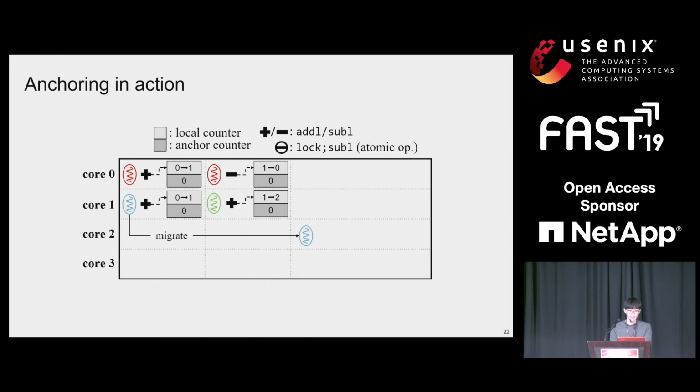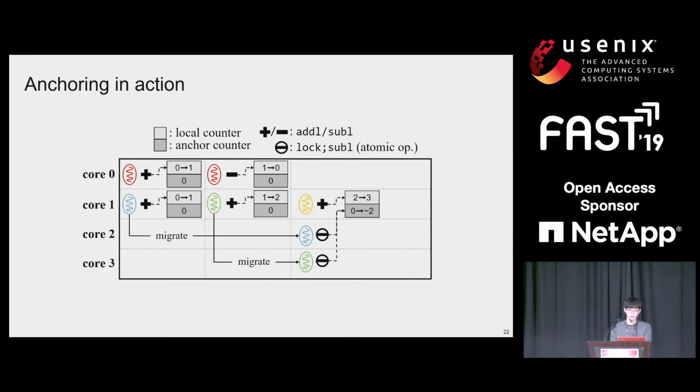In the next stage, the red one decrements the counter from 1 to 0 using a non-atomic instruction, and at this time, the green one is newly created, and it increments the counter from 1 to 2. And then it is migrated to core 3. In the next stage, the yellow one is newly created, and it increments the counter from 2 to 3.